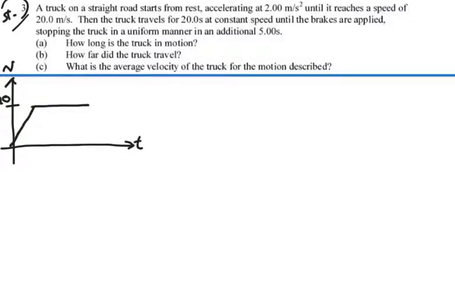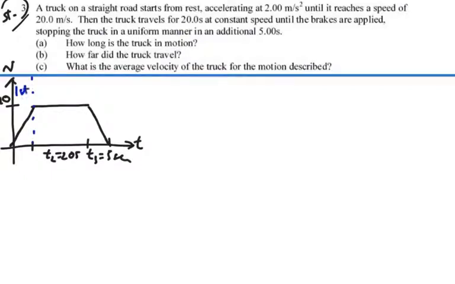Do that for 20 seconds, and then we decelerate in a uniform way, a constant acceleration, until we finally come down to a velocity of 0 and we stop. So we know that this middle section has a time of 20 seconds and this final section has a time of 5 seconds. But this first leg, we really have 3 legs here.